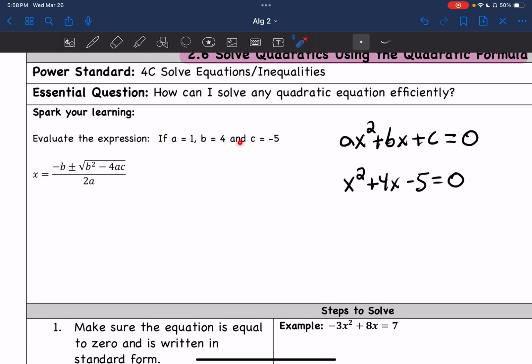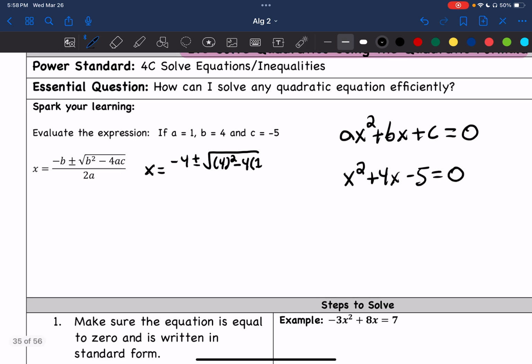So using these values of a, b, and c, x is going to become -4 plus or minus the square root of 4 squared minus 4 times 1 times -5, all over 2 times 1.